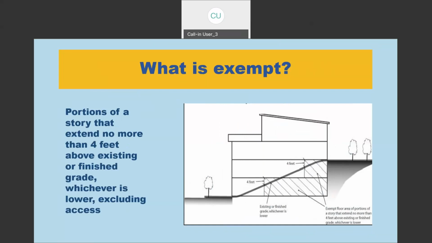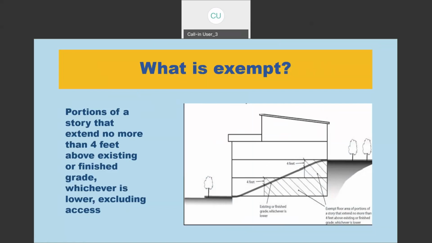And we have this diagram here that helps show what we're looking for. Here you can see all of the portions that are completely below grade are exempt. And then you get to these portions where the 4 foot mark from the elevation on the exterior of the structure, and the top of that story is no more than 4 feet.